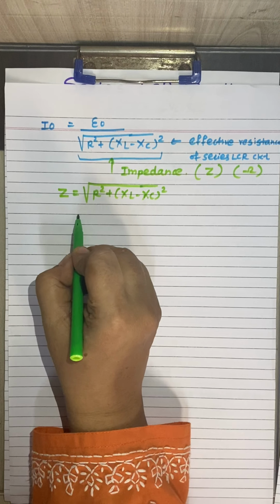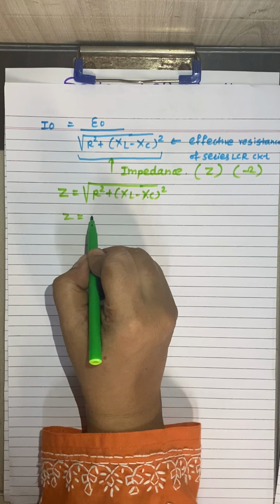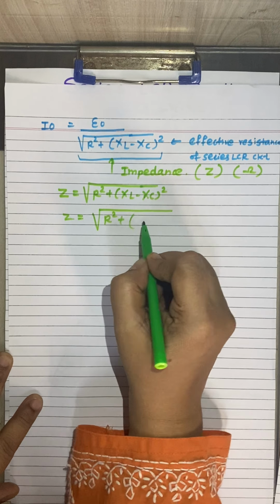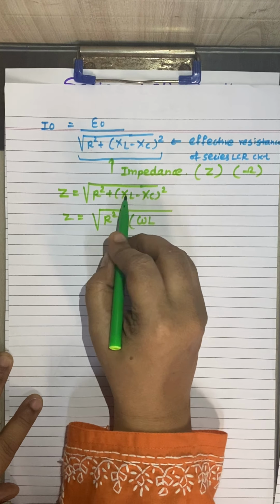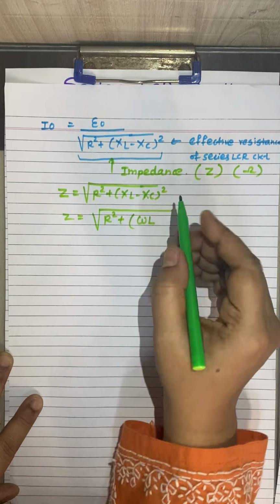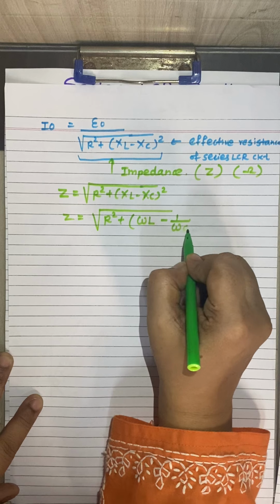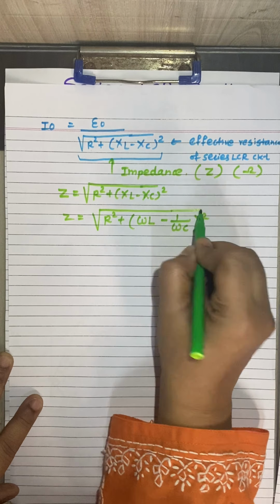And I can write Z is equal to under root of R square plus (omega L minus 1 upon omega C) whole bracket raised to 2, because XL is omega L and XC is 1 upon omega C.